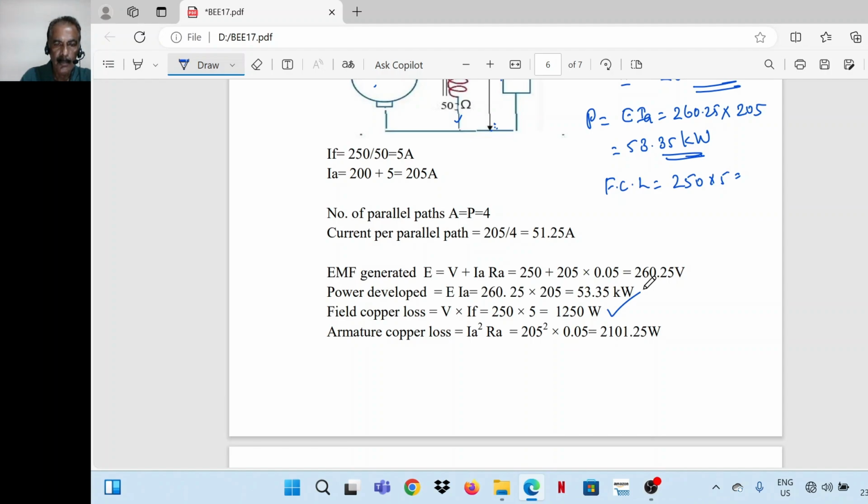Then armature copper loss IA square into RA. IA is 205, RA is 0.05. So armature copper loss is 2101.25.